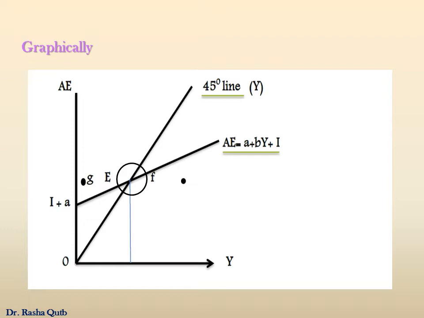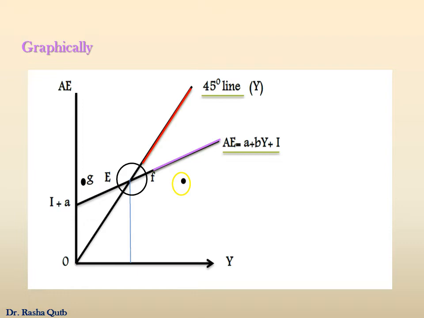Any point to the right or to the left of point E cannot be an equilibrium point. For example, to the right of the equilibrium, for example point F, there would be an excess supply in the goods market. Why? Because the 45 degrees line lies above the desired aggregate expenditures line.